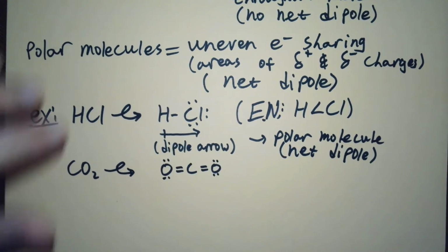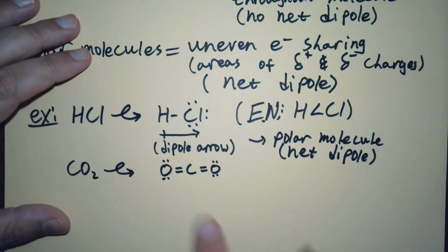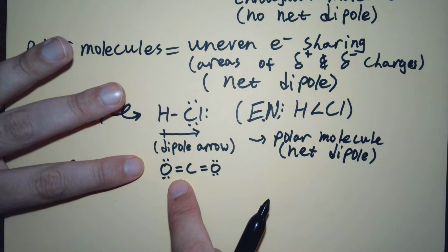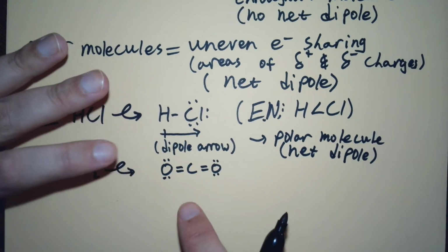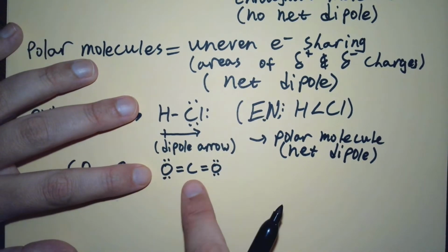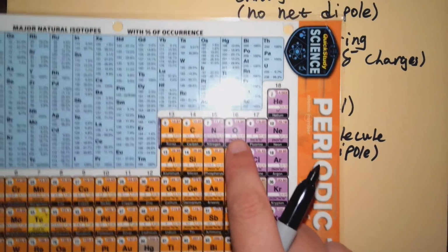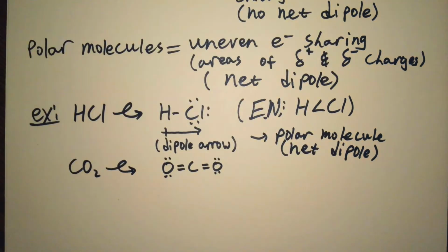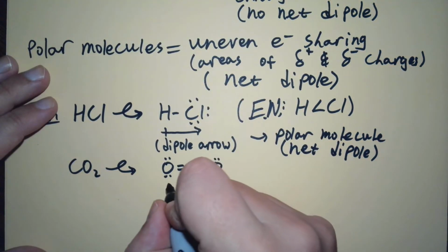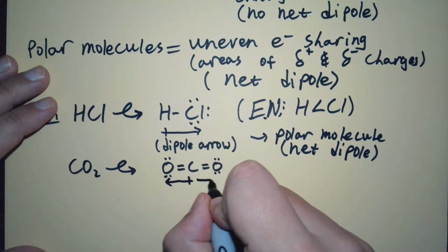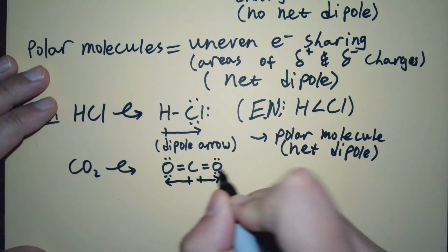There's our Lewis dot structure. Are these polar bonds? Let's start there. Are these bonds polar? The answer is, yeah, they're mismatched, so they're polar. Oxygen is going to be more electronegative than carbon because, look where they are on the periodic table, oxygen's to the right. It's going to be more electronegative than carbon. And so electrons are going to shade towards the oxygen. But guess what they're going to do over here? They're also going to shade towards that oxygen.